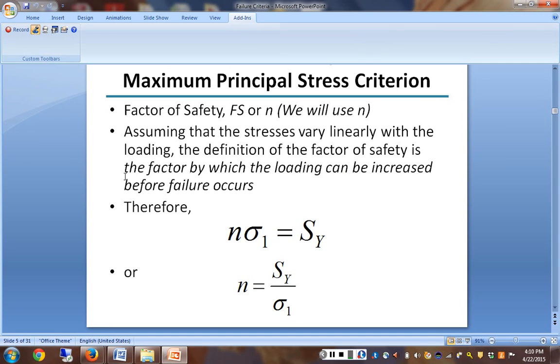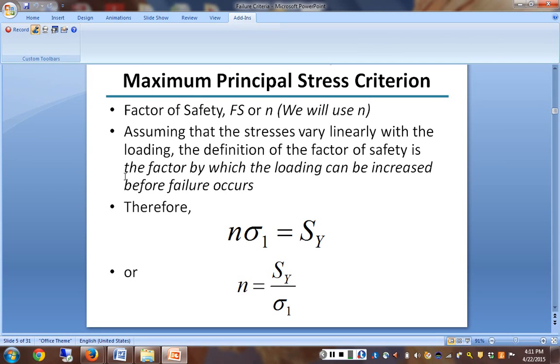So we take this and we multiply it by, what is this, sigma 1? It's your largest principal stress. We do the Mohr's circle thing to find sigma A and sigma B, and then we reorder and rank to get sigma 1, 2, 3.